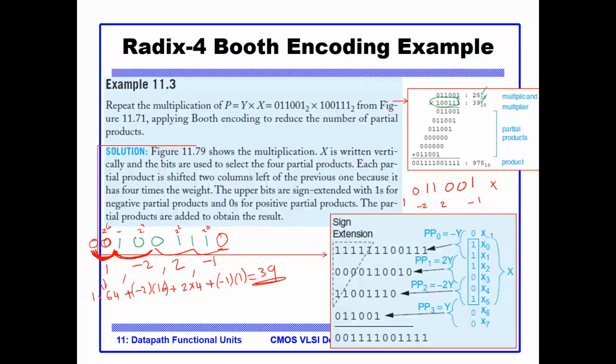So the very first thing is that I multiply this digit -1 with the multiplicand. -1 with the multiplicand means 2's complement. Watch, the 2's complement is 1 1 1 0 0 1, and this is an extension of the sign because it's negative. Then this is 2.